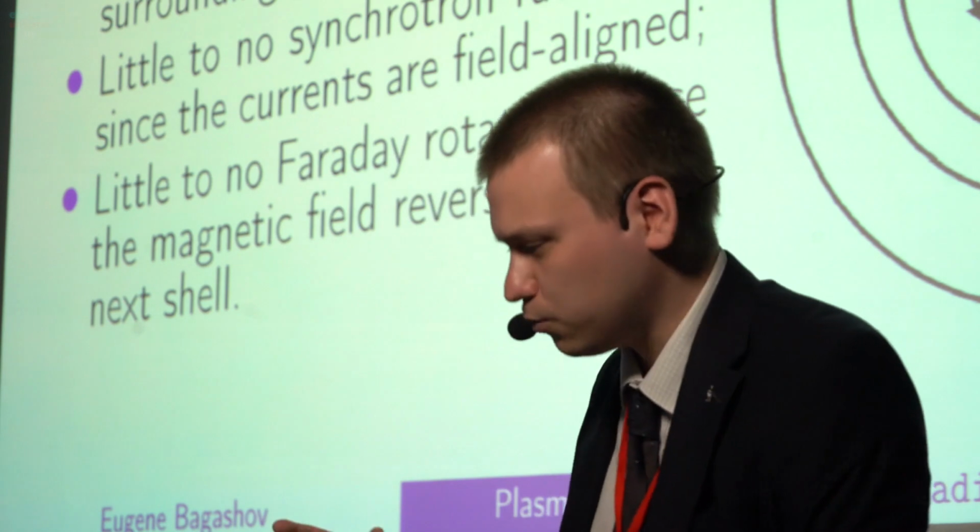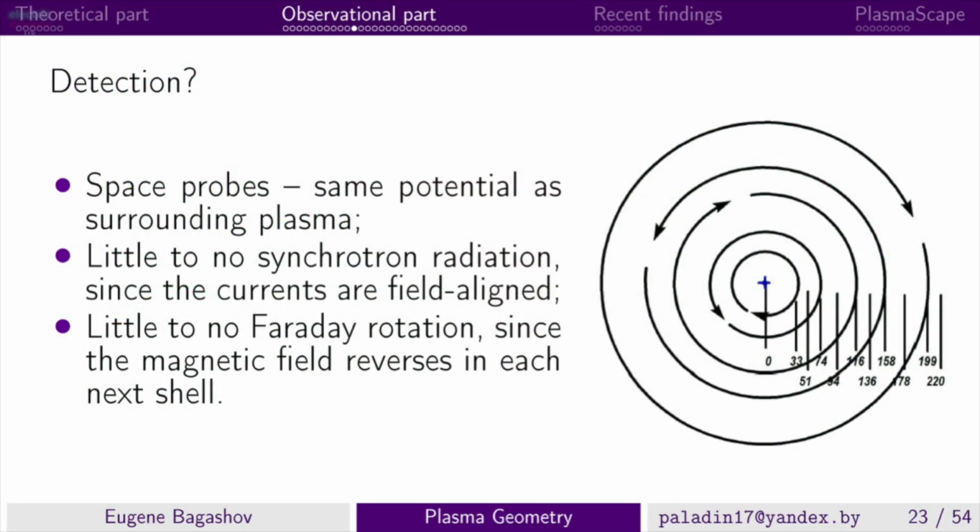And the Faraday rotation, which is frequently used to map the magnetic fields in space, is an effect of turning of the plane of polarization of light in a magnetic field. So by observing the polarization of light, it's a secondary tool of measuring the magnetic field, essentially.